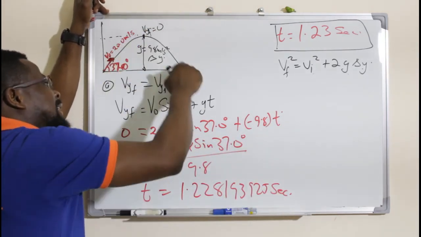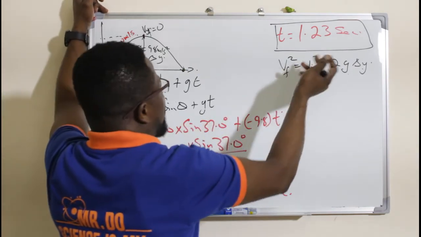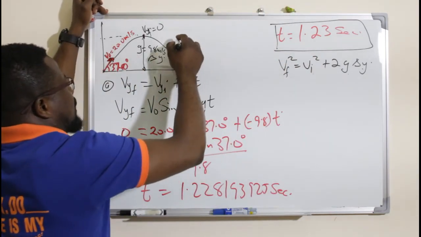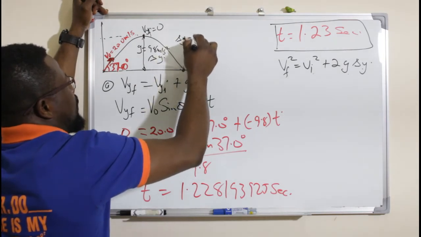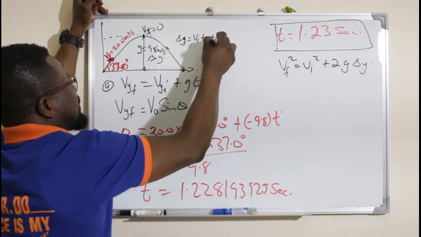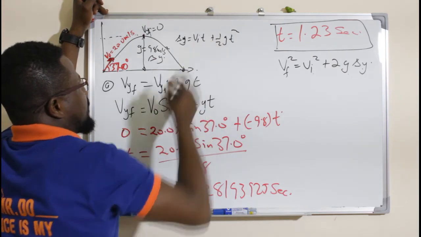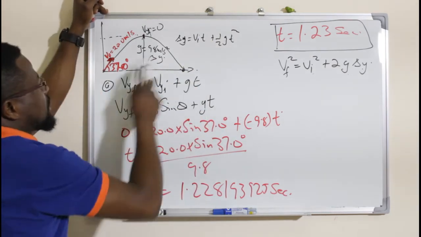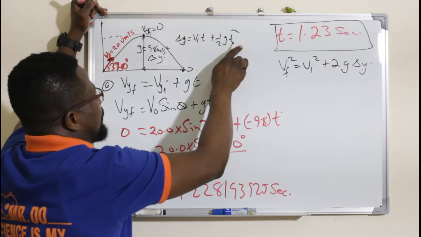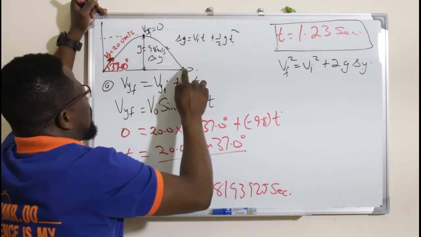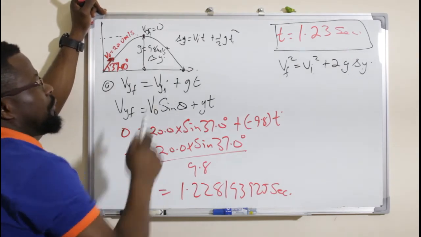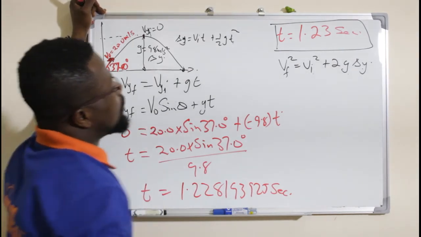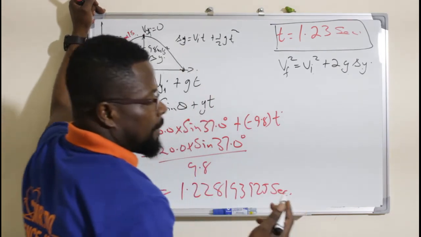If I know the total time, I can also make use of the formula change in y equals VIT plus half GT squared. And that means that if I want to use this formula, I need to find out the total time it will take from here to reach the side. And after knowing that time, then I will be able to find that.